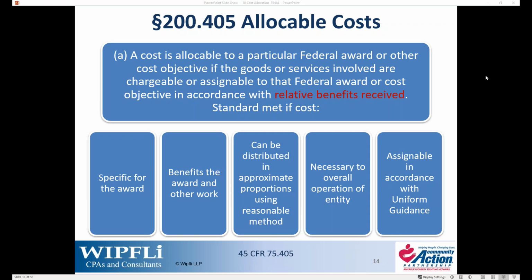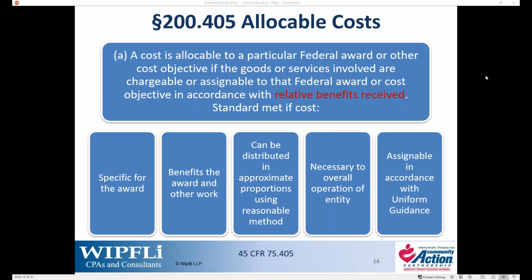So you don't want to have any type of cost allocation methodology that allocates based on total expenses or total salaries. Those are similar to an indirect cost rate methodology that I'm going to talk about in a little bit, but we're just talking about direct cost allocation that says allocate on relative benefits received.